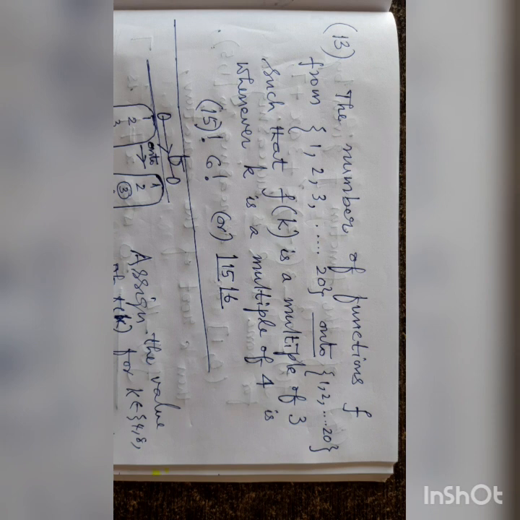Multiple of 3 means we have to consider codomain elements 3, 6, 9, 12, 15, 18, up to that only, because the next one will be 21, and 21 will not come, because our sets are given both sides 1 to 20. Therefore, there are 6 multiples of 3 in the codomain set.